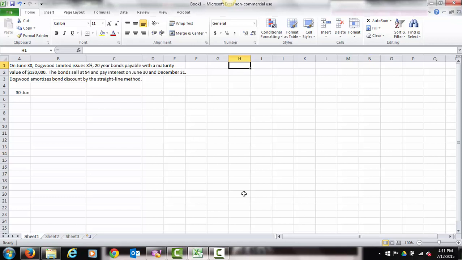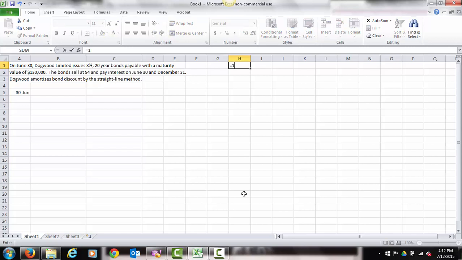The first thing we need to determine is how much cash do we get from those bondholders. And to do that, we know that the value of the bonds was the maturity value of the bonds. That means the amount that we're going to have to pay back is $130,000. But we didn't issue them for $130,000. They were actually sold at a discount.